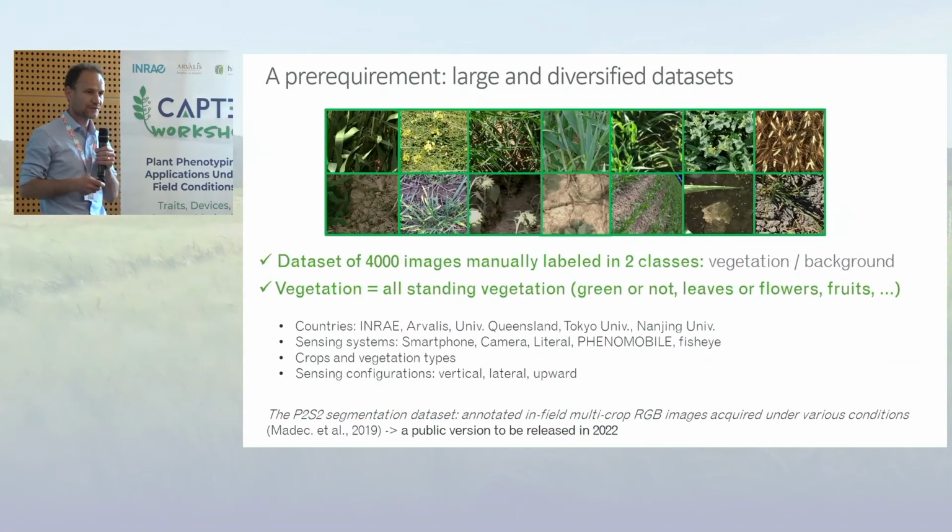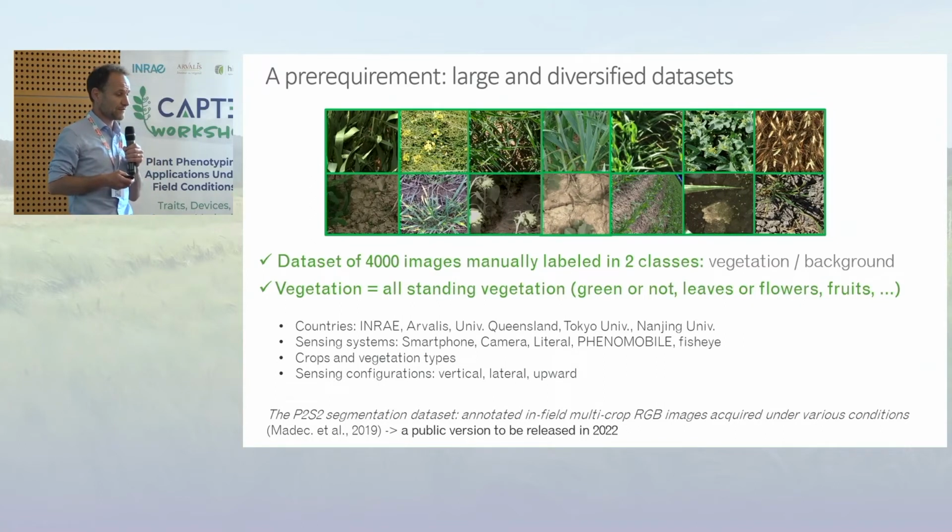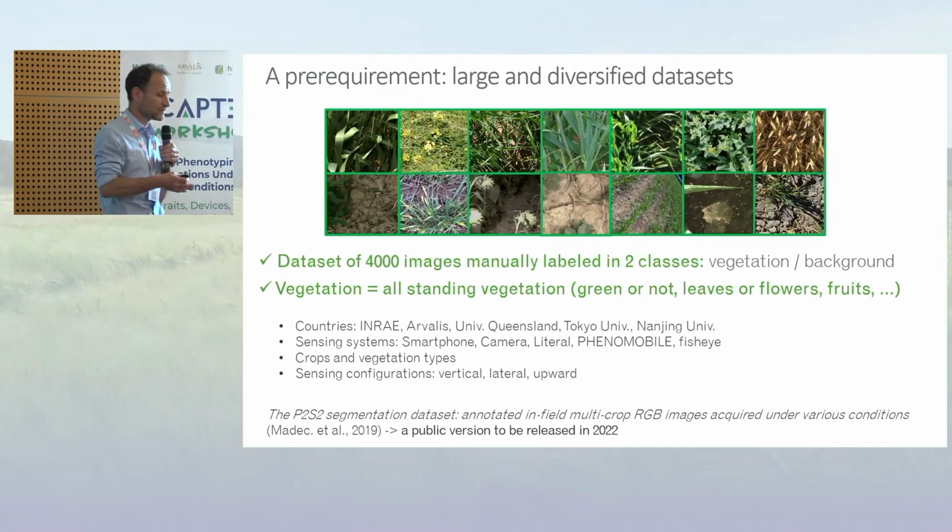So first, as I said, we need to train all these deep learning models. We need data sets that will represent the ground truth, as we discussed with François, if possible large and diversified, that will be considered as the reference from which we can train the models. That's something we started in 2019: to constitute very diverse data sets of images, labeled in two classes, one vegetation class and one background class.